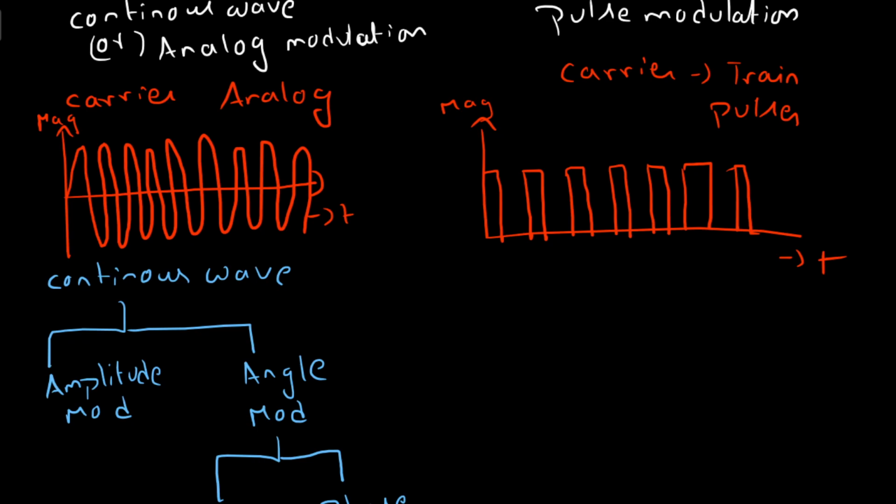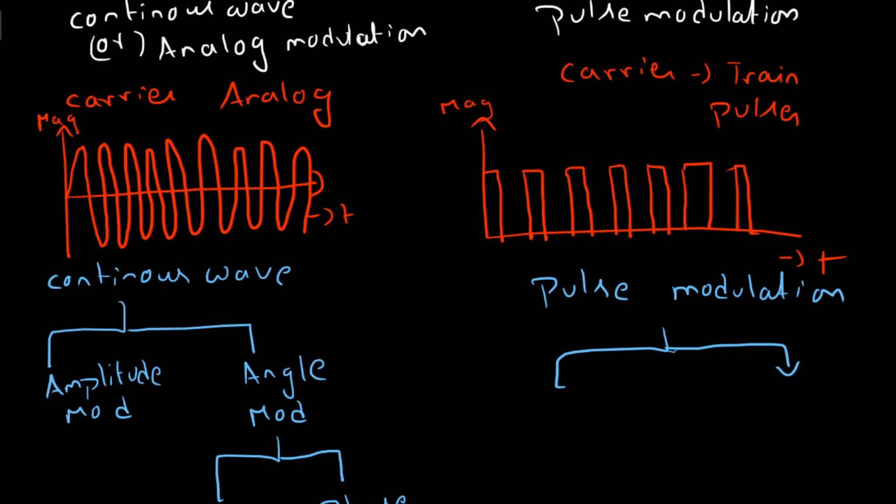Okay, now let's go to pulse modulation. In pulse modulation the carrier is a train of pulses. Here it is classified into two types, either analog or digital. So pulse modulation can be analog modulation or digital modulation.